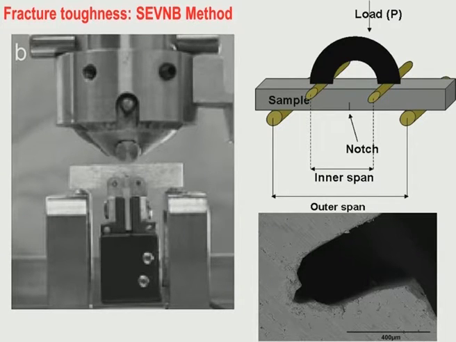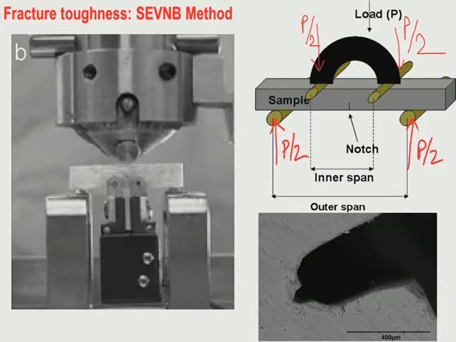And this is how one can measure it experimentally. What you see here is a 3 point loading assembly, and this is the 4 point loading assembly. If you apply load P, it is distributed as P by 2 at the two arms.